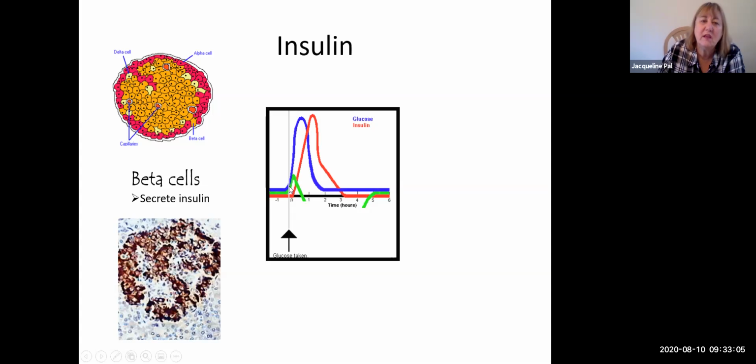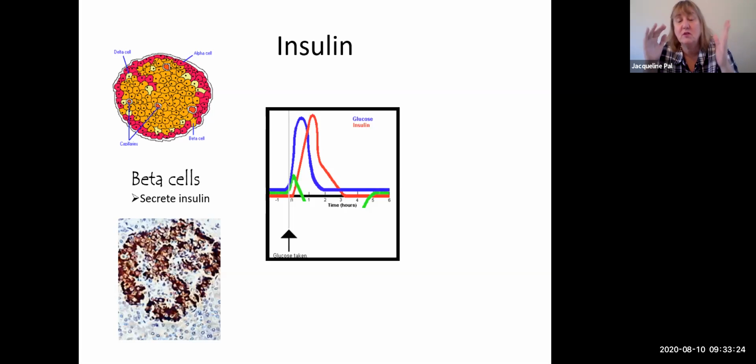And within 20 minutes of that happening, your beta cells are going to start kicking out the preformed insulin so that you can see the blood concentrations of insulin are going to be mirroring the blood concentrations of glucose.